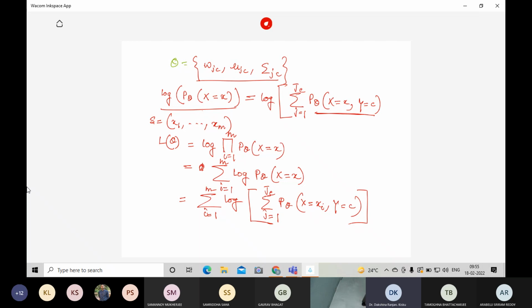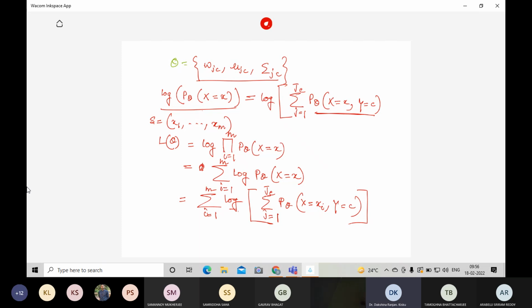That means for each weight component we estimate the joint probability distribution, then we take the log of it, and after taking the log, we further get the summation over m number of data points. Now from here, how can we get the maximum likelihood estimator, which is the solution of the maximization problem?